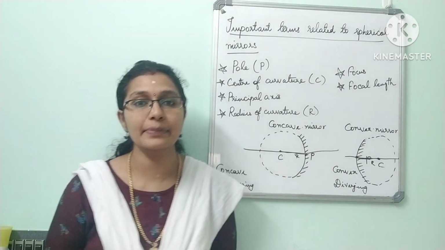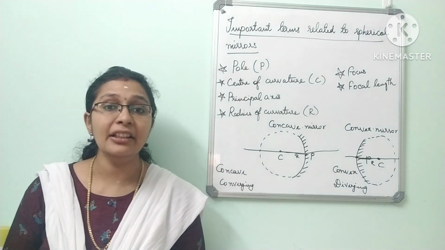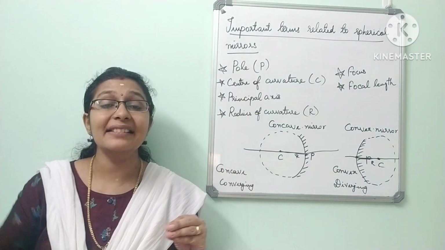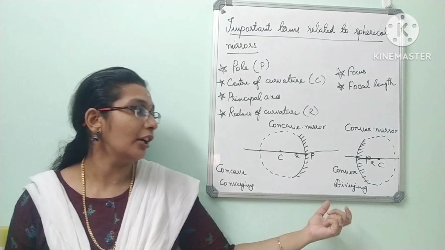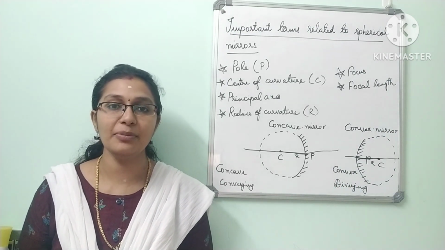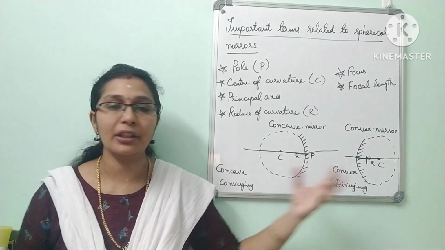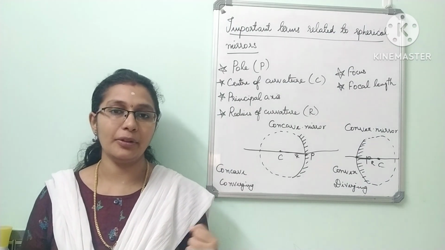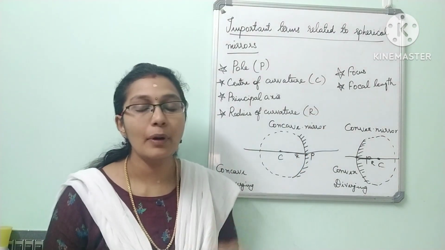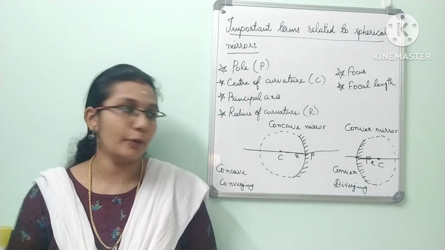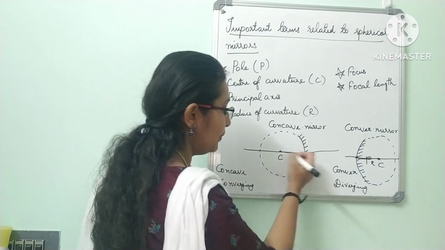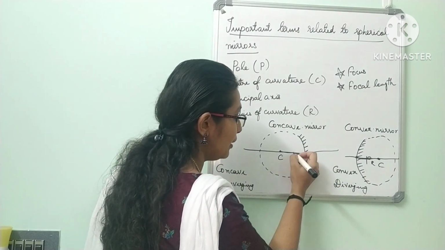Whereas in a convex mirror, it is a point where all the rays appear to meet. We will learn it through a ray diagram, so we'll have a clear understanding of what I mean by appearing to meet.